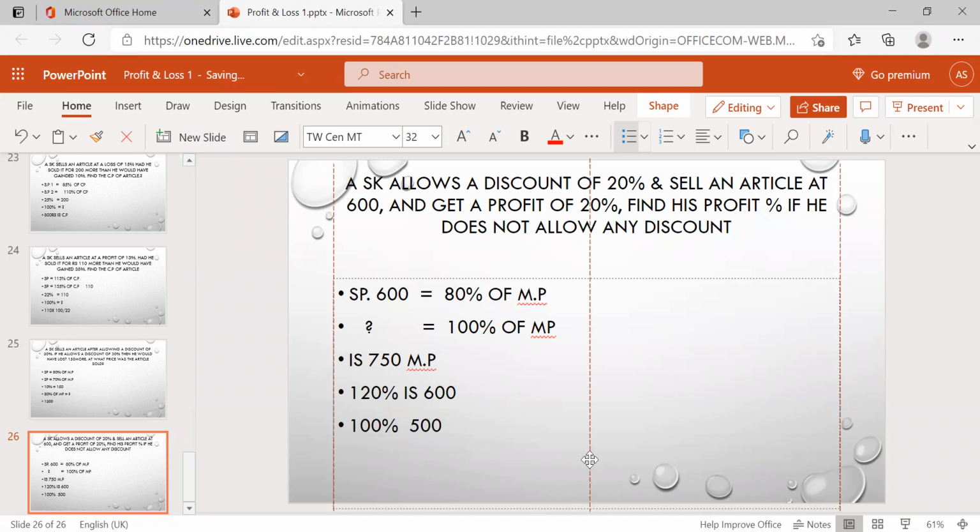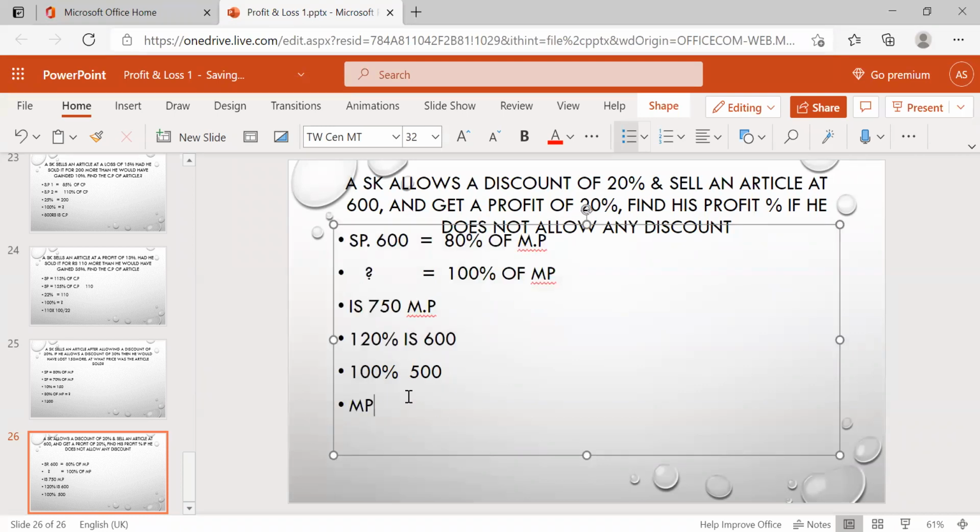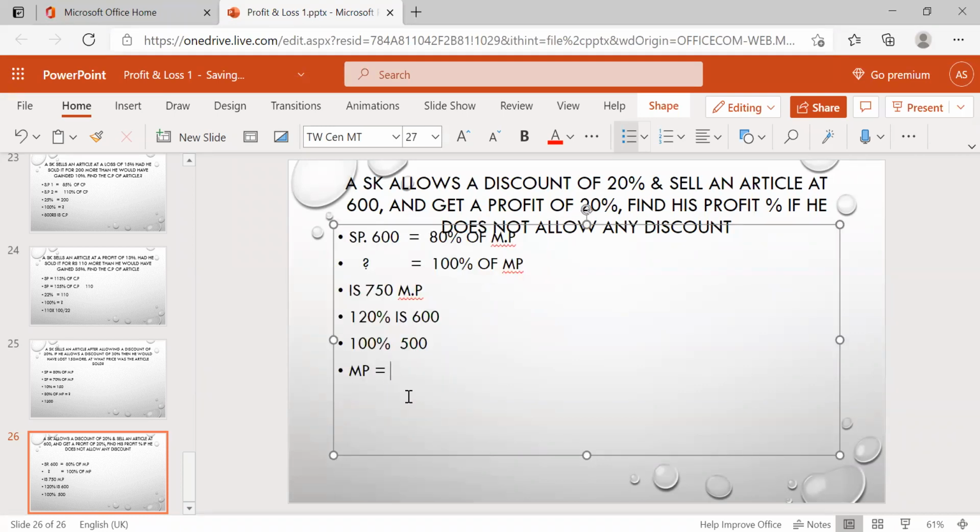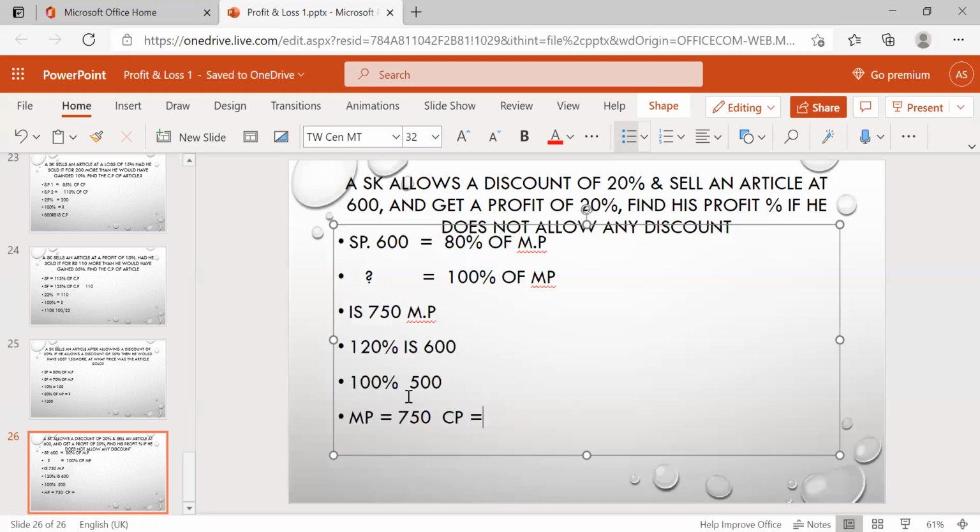Then we know the mark price and the cost price also. The mark price is 750 rupees, as we calculated first, and the cost price is 500 rupees. Now he sold that item without any discount, that means he sold that item at 750 rupees only.